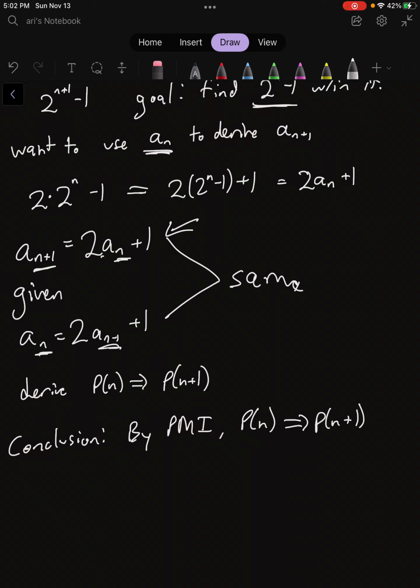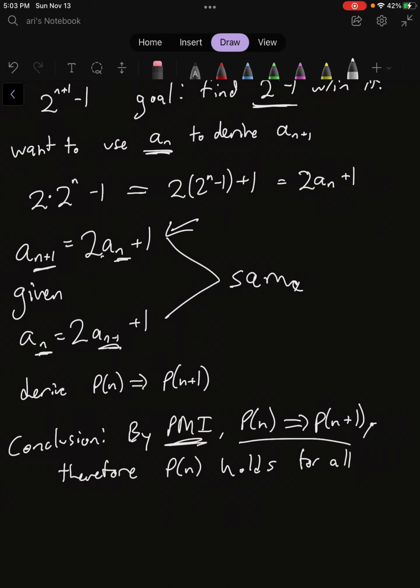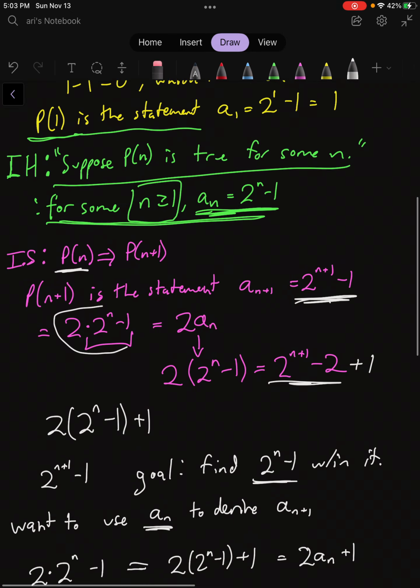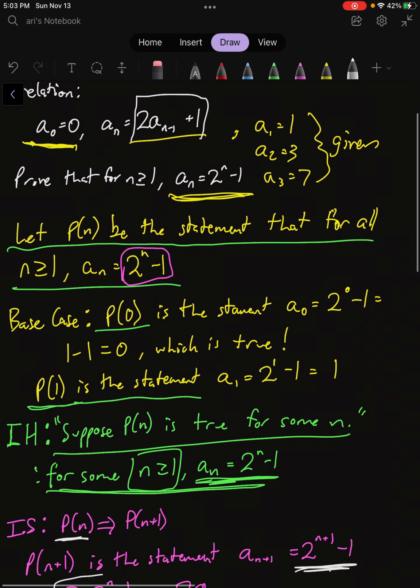And I'm using extreme shorthand, but this is basically all you need to write in your conclusion: that by the principle of mathematical induction, we have shown that p of n implies p of n plus 1, and therefore p of n holds for all n greater than or equal to 1. That's basically all we need to say, and that's the universe that we're working within.